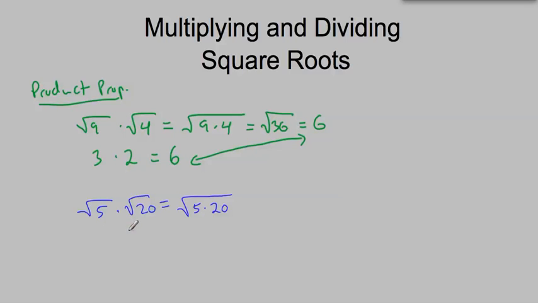We can go through and figure out a whole bunch of approximations. Just take a deep breath. Write one big radical, 5 times 20. That equals the square root of 100. Hey, that looks a little nicer, doesn't it? What's the square root of 100? It is 10. So a seemingly difficult problem is made much easier by using the product property of square roots.